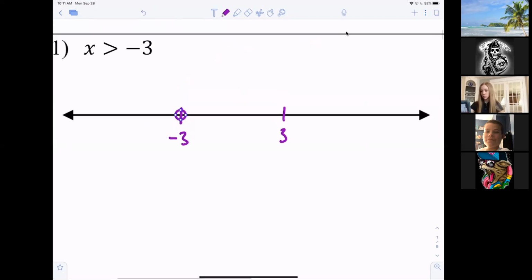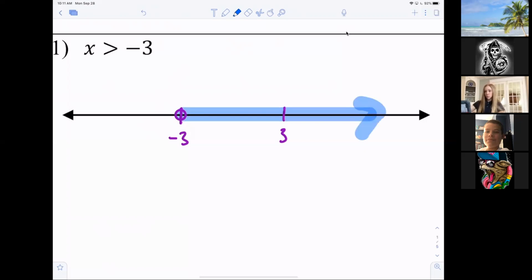Now it says greater than -3. Which direction is greater than -3? To the right. Now, I like the highlighter because I don't like scribbling. So if I say greater than -3, I just write this, and I draw an arrow, and I'm good.